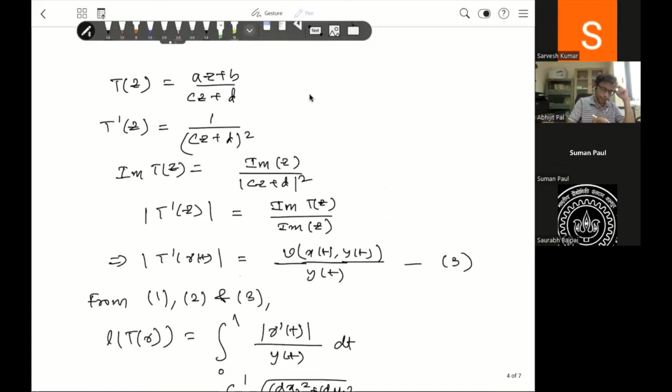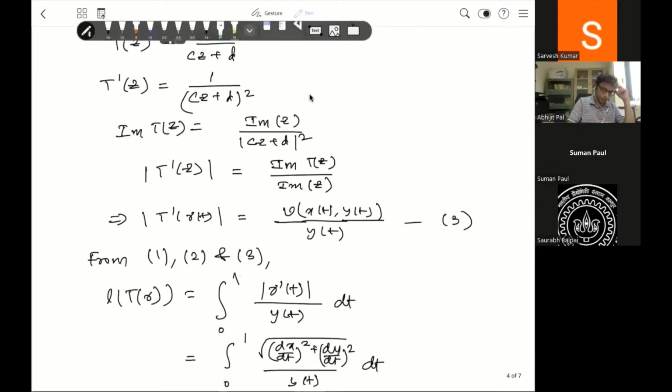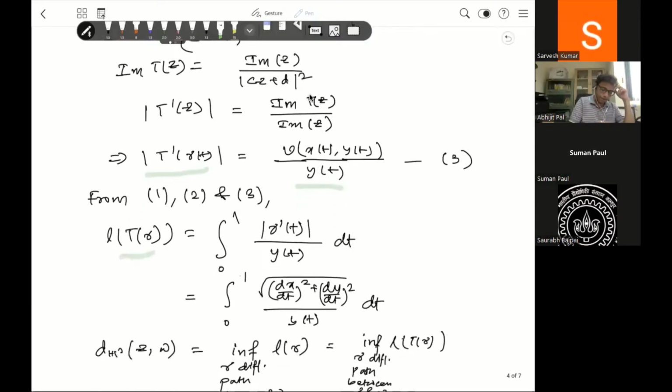One can check that the modulus of T'(gamma(t)) will again be equal to this, and the length of T(gamma) is exactly equal to the length of gamma. This proves that T is an isometry.